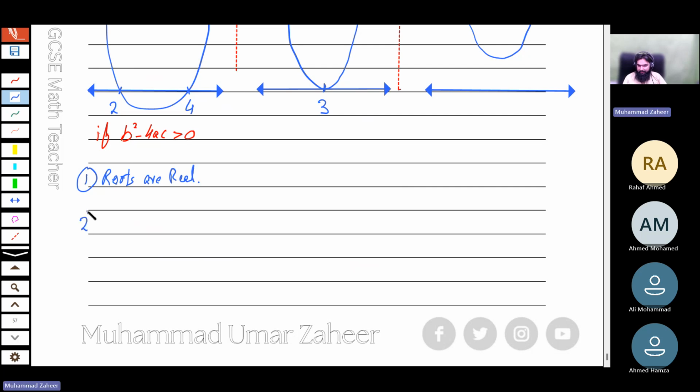The second thing, the graph will cut the x-axis twice. And the third thing, you are going to get real roots. Yeah, all right. Good. Okay.